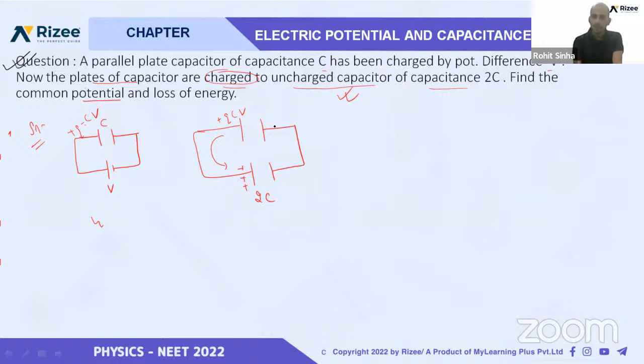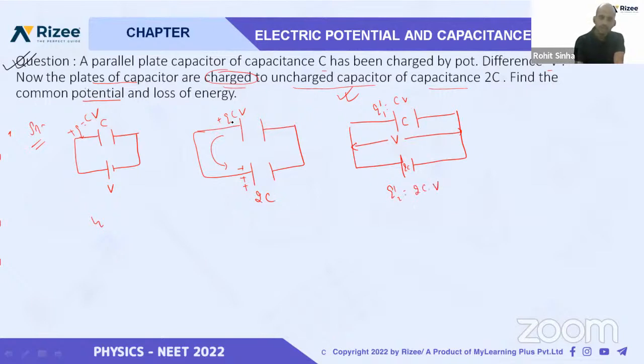Initially there was an initial charge, and after some time, the common potential will become V. Here capacitance is C, here capacitance is 2C. Here charge will be Q1 dash equal to CV, and here Q2 dash will be 2C into V.